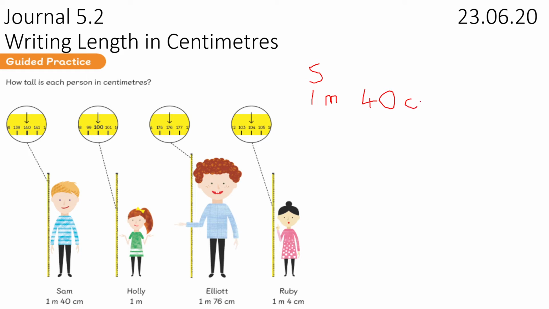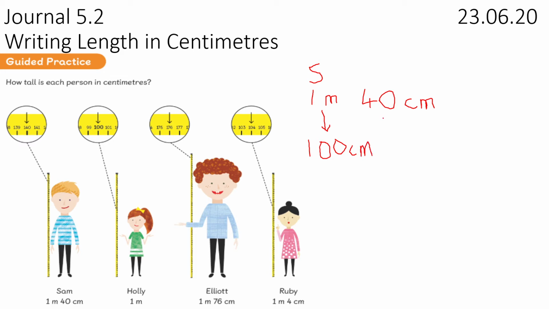Now, if we want to convert this to just centimetres, yesterday we were converting from centimetres to metres. Now we're doing it the other way about. Can you remember from yesterday how many centimetres are in a metre? There are 100 centimetres in a metre. So we can change this 1 metre into 100 centimetres.